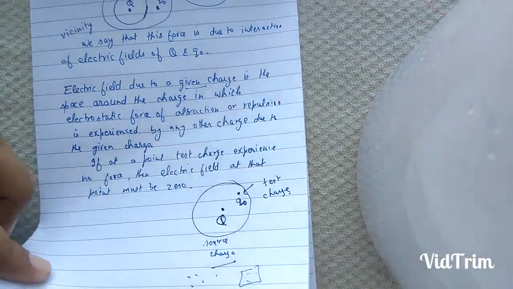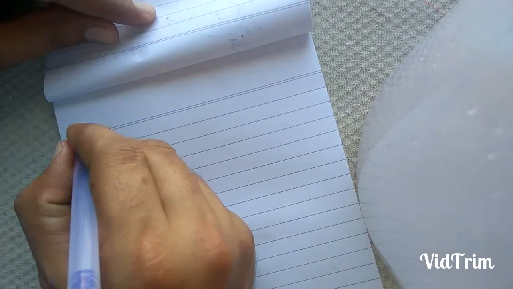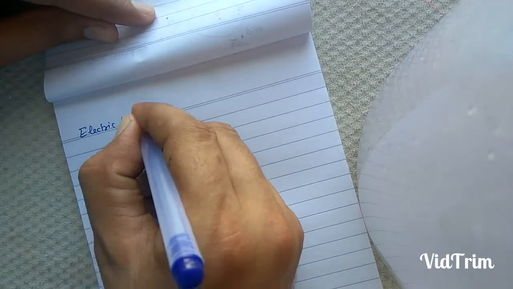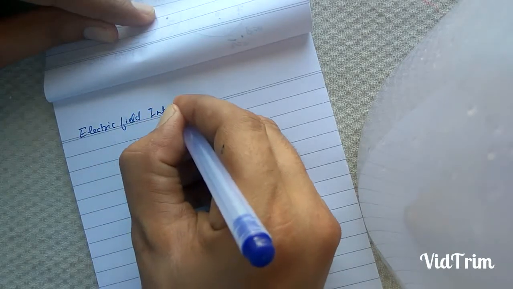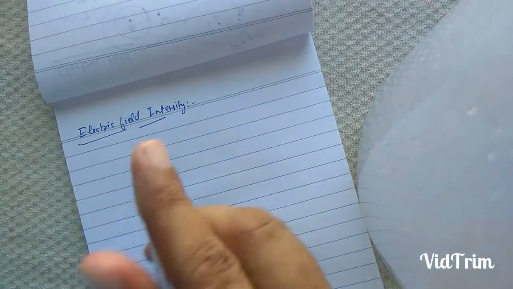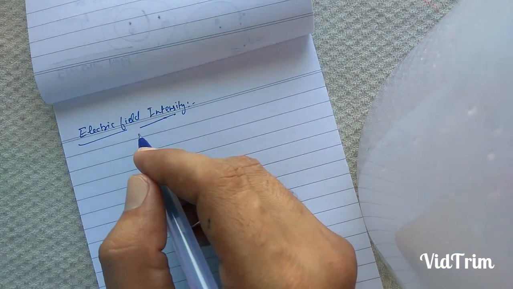Now our next topic is electric field intensity. Electric field is measured by the quantity called electric field intensity.